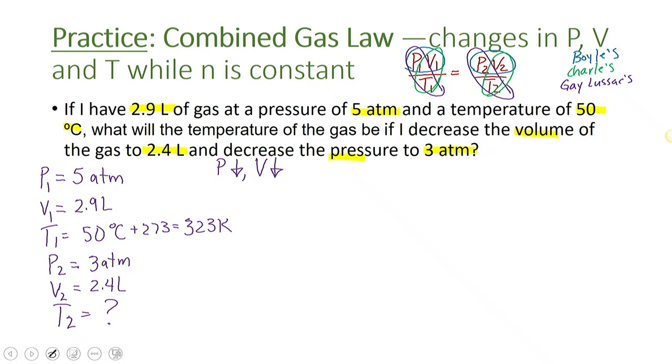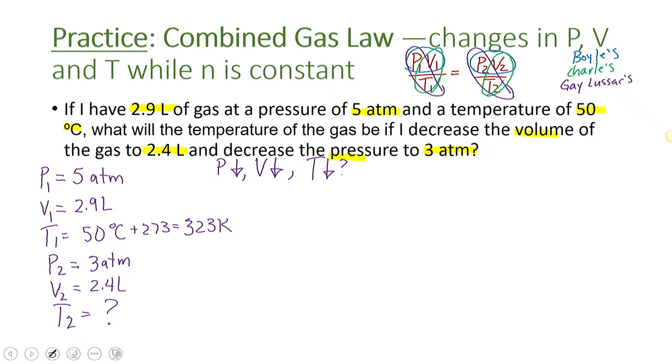And if we look at Charles's law, if our volume decreases, then our temperature should also decrease. So we should suspect that our temperature decreases, right? Because P and T, that is a direct relationship, and V and T is also a direct relationship.